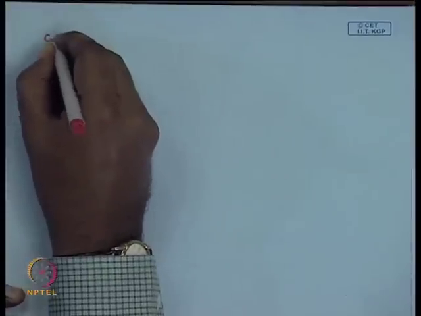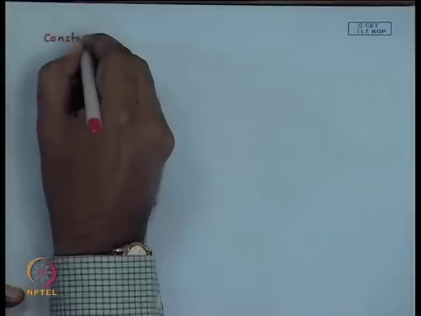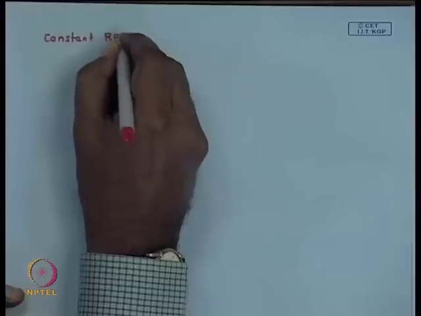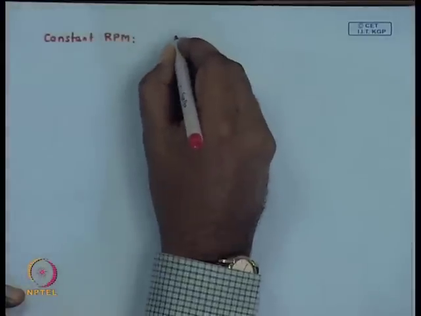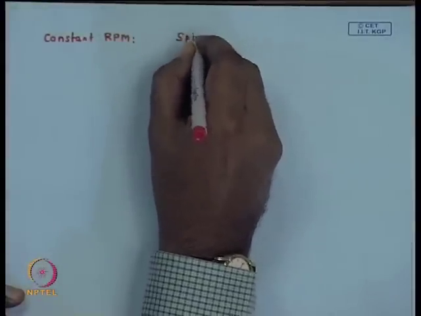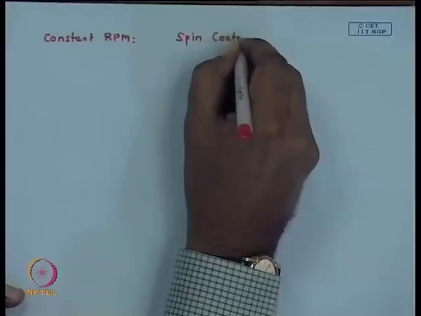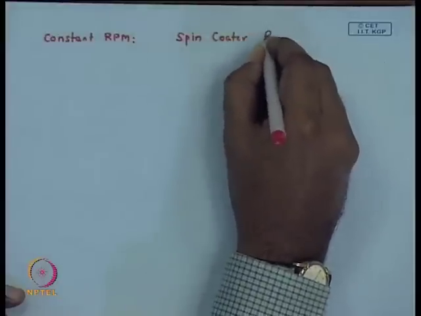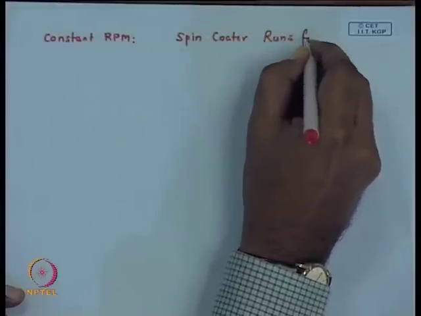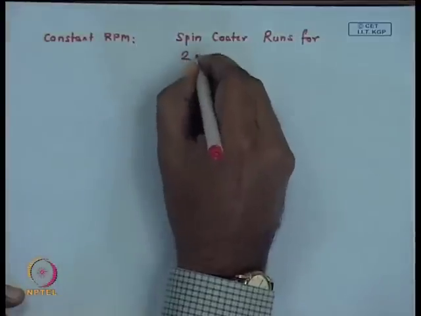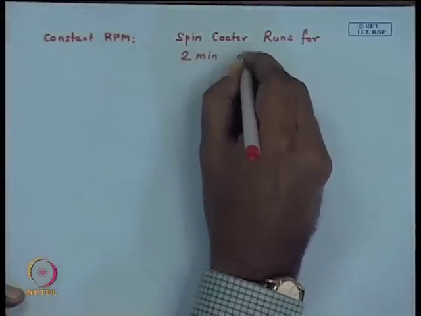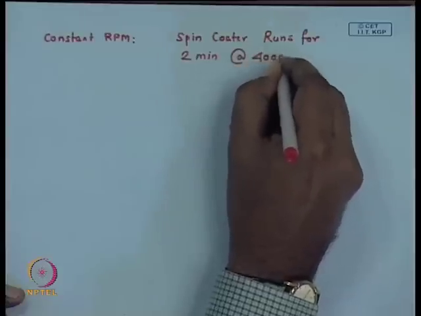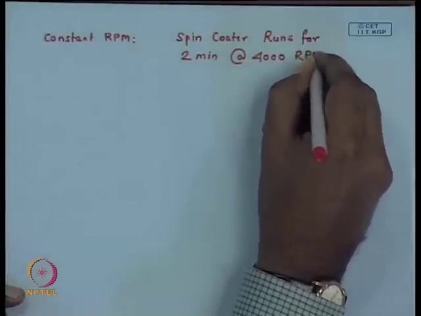Couple of more things you may want to note about spin coating. Firstly, what we talked about is a constant RPM. So, let us say you decide that your spin coater runs for, let us say, 2 minutes at 4000 RPM.